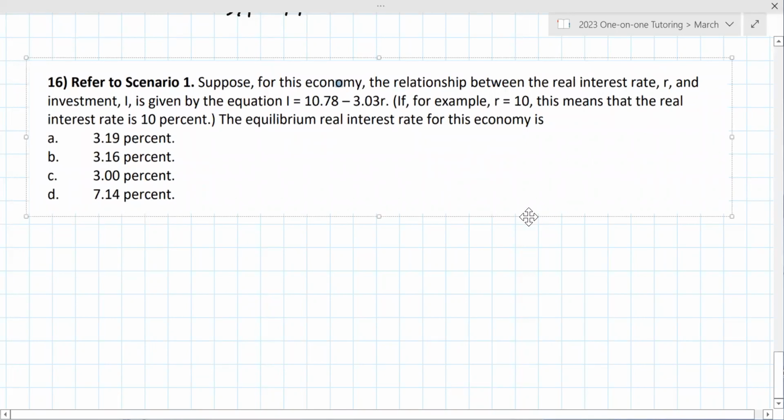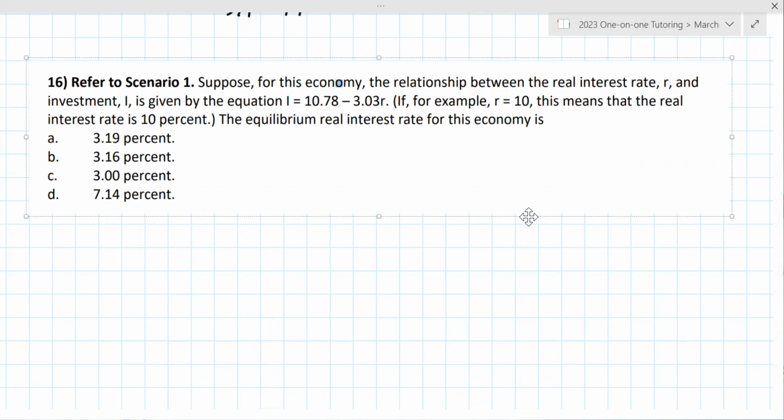All right. Again, back to scenario one. They're giving you I in this equation. It's the relationship between the real interest rate and the investment, I, given by this equation. If, for example, R equals 10, this means the real interest rate is 10%.